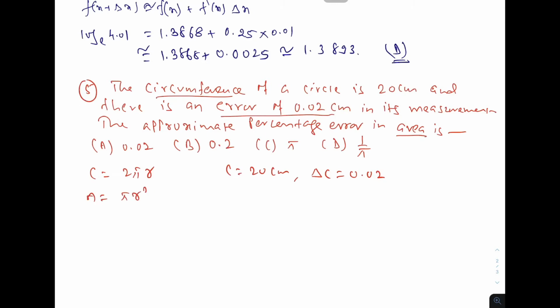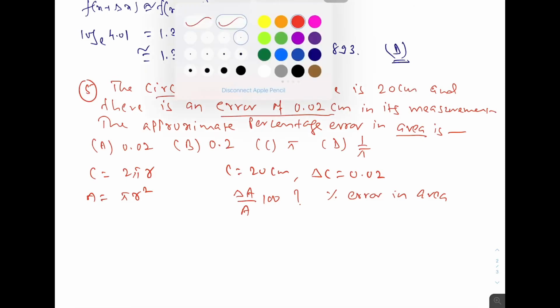So area formula is pi r square. So we want the percentage error in area. So can we do like this? That means we want to find out delta A by A into 100. This is called percentage error in area.